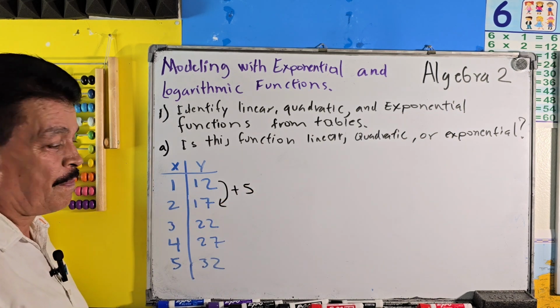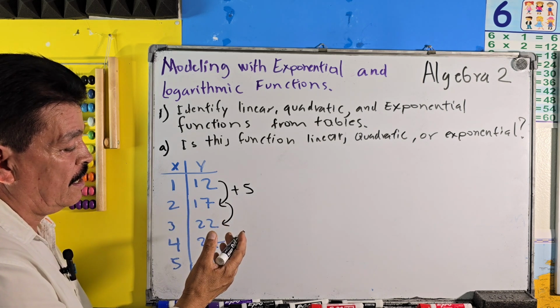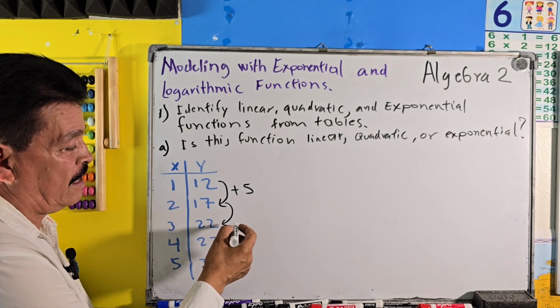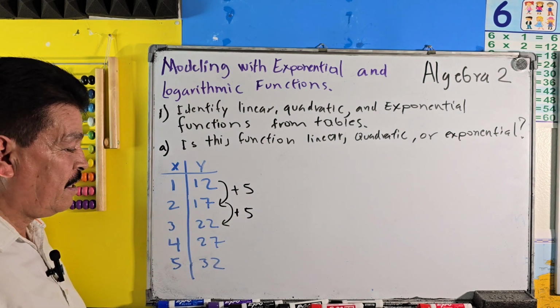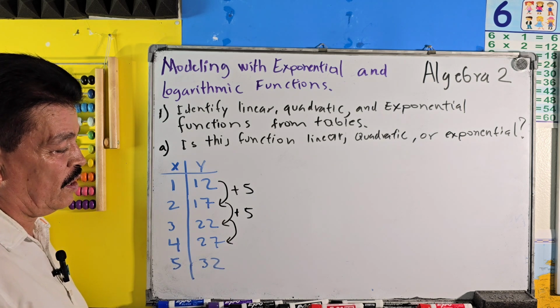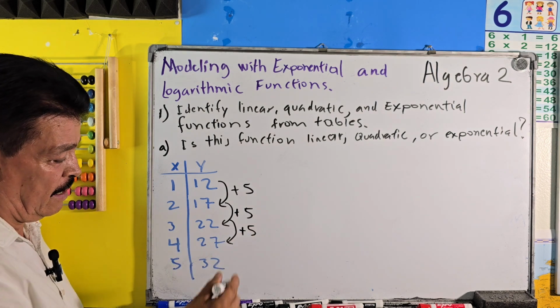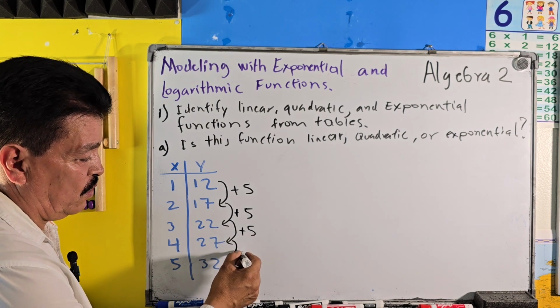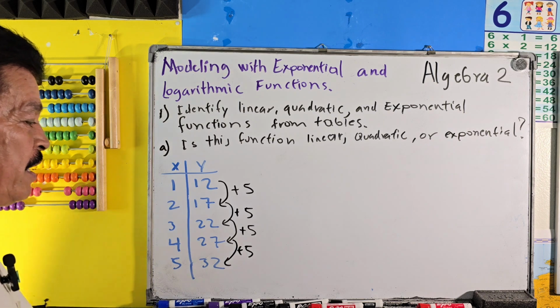Then from 17 to 22 is plus 5. See the pattern? From 22 to 27 is also plus 5, and from 27 to 32 is plus 5. You see the pattern right here?